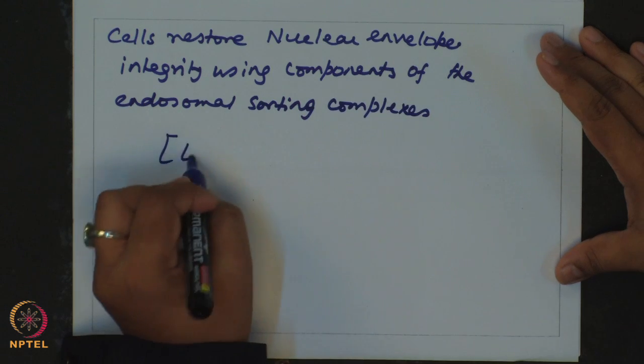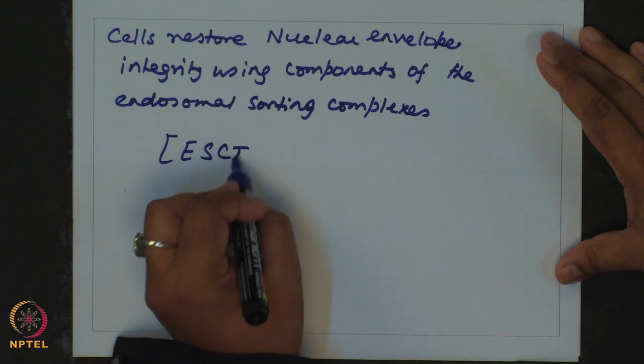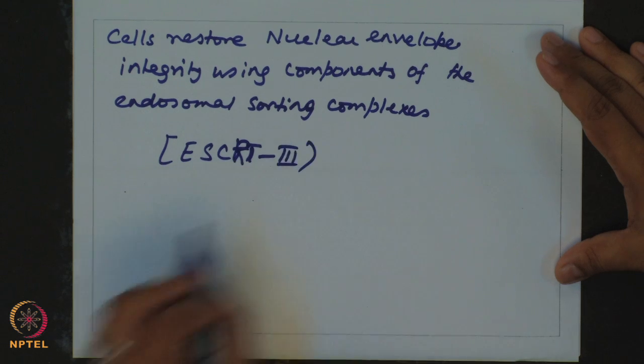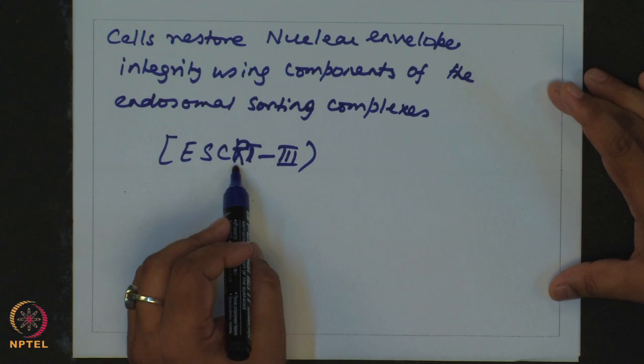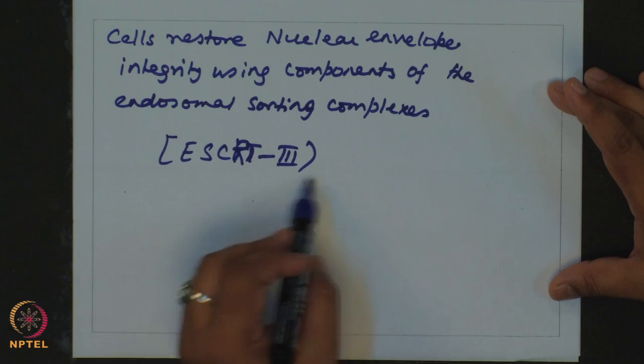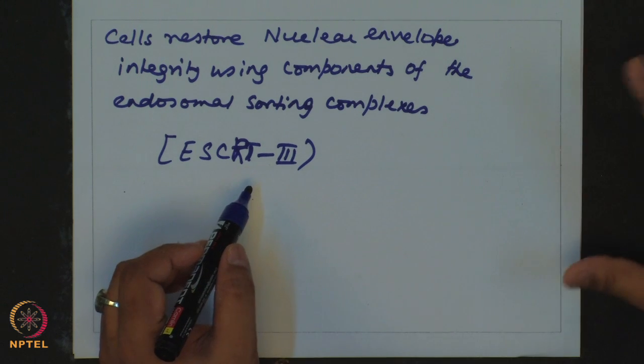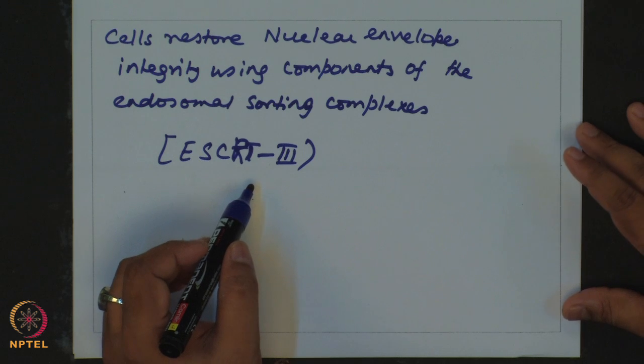So, you have this family of agents called ESCRT3. Okay. So, these are required for transport. Okay. So, ESCRT mediates again resealing of the nuclear membrane.